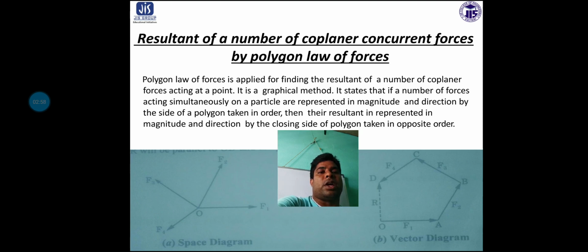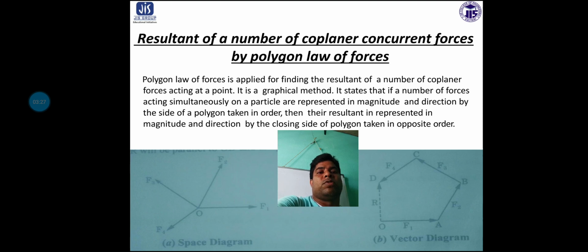It states that if a number of forces acting simultaneously on a particle are represented in magnitude and direction by the sides of a polygon, taken in order, then their resultant is represented in magnitude and direction by the closing side of the polygon, taken in opposite order.